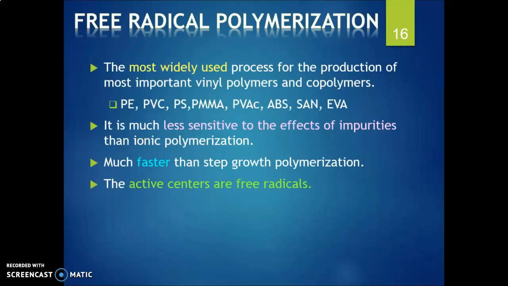Okay, free radical polymerization is the most widely used process for the production of most important vinyl polymers and copolymers. For example, polymers that contain a double bond and copolymers, which are PE, PVC, and so on. It is much less sensitive to the effect of impurities than ionic polymerization. It's also much faster than step growth polymerization. So the active centers are the free radicals.